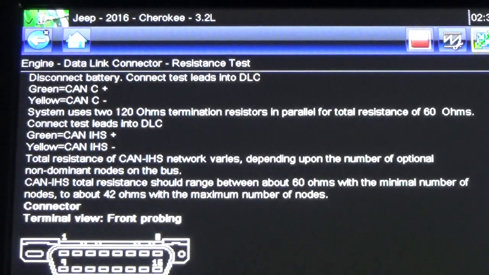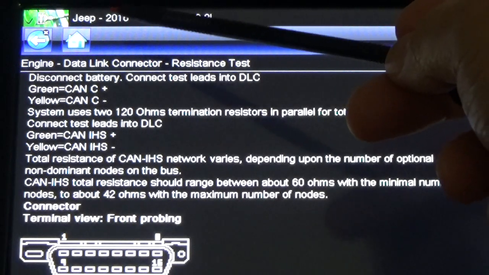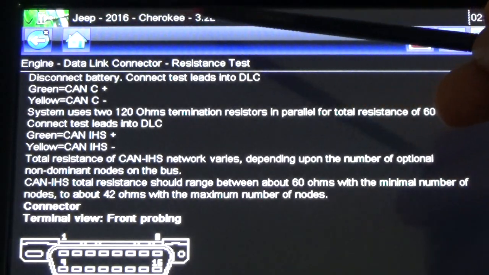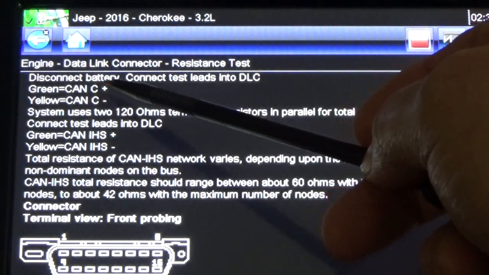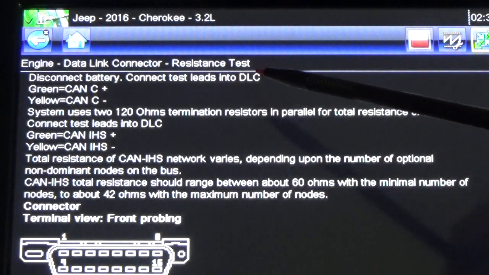Okay, when you measure CAN bus, you always need the system description. You need to know what the manufacturer requires the resistance to be in that CAN bus. Now, in this case, I'm using a 2016 Jeep Cherokee with the 3.2 liter, and it's plain here what they want.